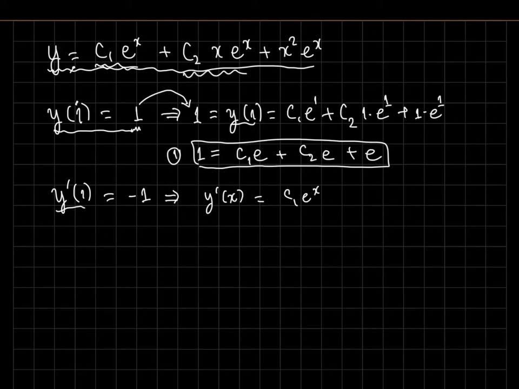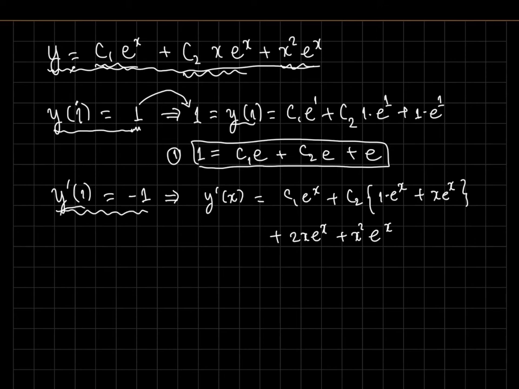The derivative of this is c sub 2 times 1 times e to the x plus x e to the x. And lastly, the derivative of the last term is 2x e to the x plus x squared e to the x.